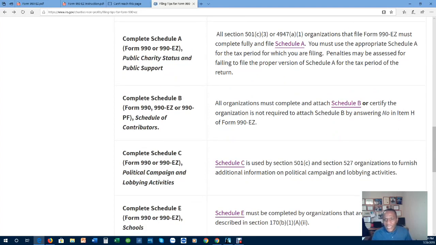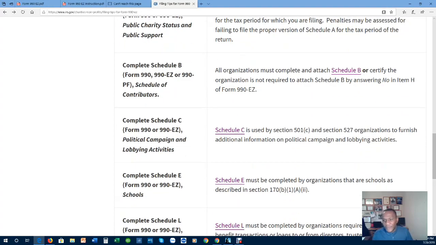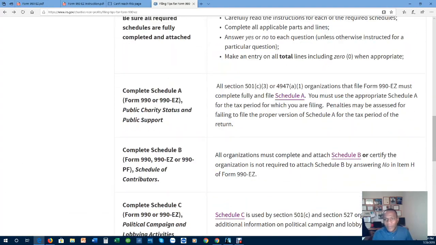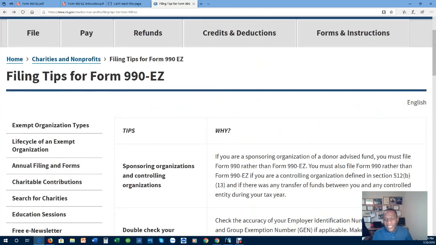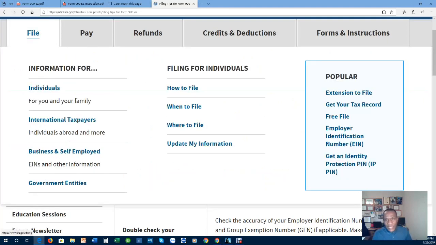Complete Schedule B, Form 990-EZ. Like we already went over this form with you, basically that completes the key components for tips and why those tips are necessary for completing Form 990-EZ as well as Form 990 for non-profit and charitable organizations.